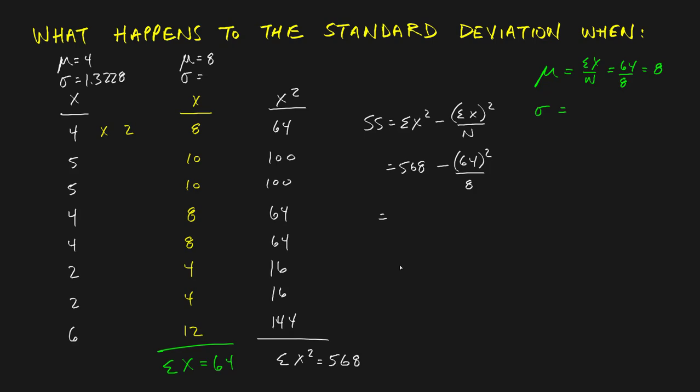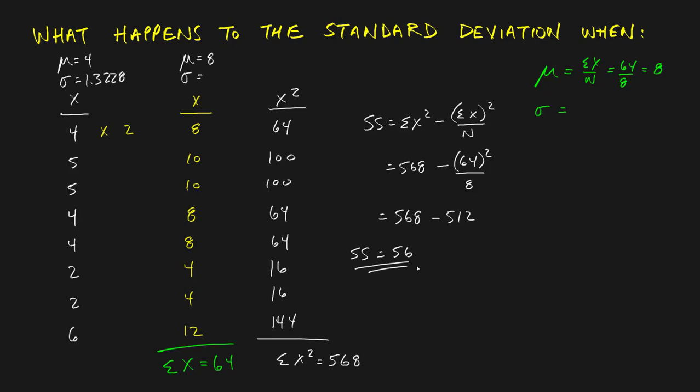Okay, so 64 squared divided by 8 is 512. So I've got 568 minus 512. This gives me 56. So my sum of squares is 56.